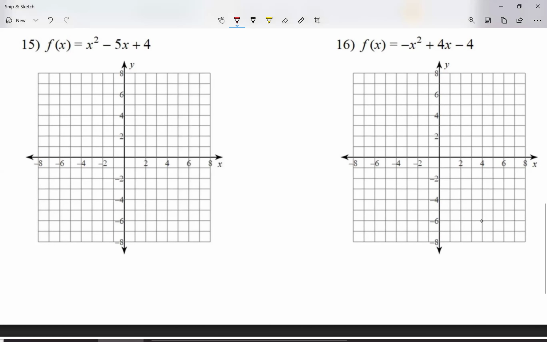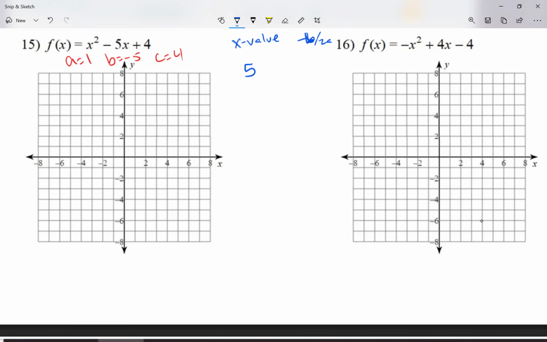So here, my A value is 1. My B value is -5. And my C value is 4. So let me start with identifying the vertex. The X coordinate, so the X value of my vertex, is -B over 2 times A. So in this case, I have a negative of a -5.